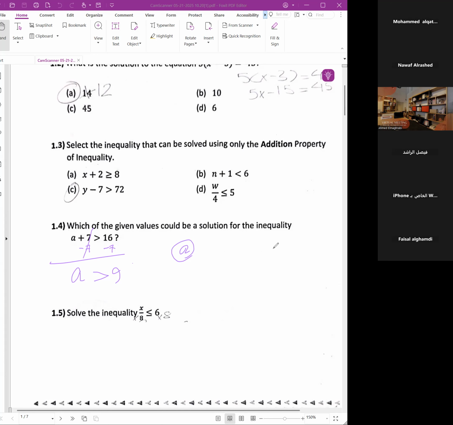Excellent, Nawaf. A, B, C, D. Which one do we consider as the answer? 8, 7, 11, 9. Would you please all of you write your answers now? Which one do we consider as a solution? No, Nawaf. Greater than 9. Which number here is greater than 9? Excellent, Abdulillah. Excellent, Walid. No, Walid.